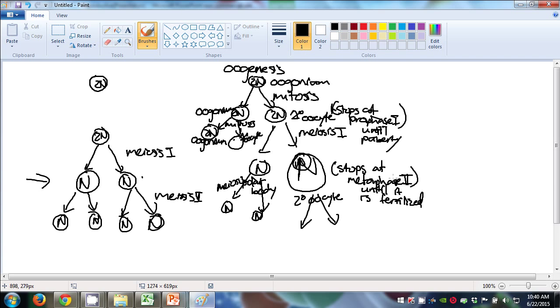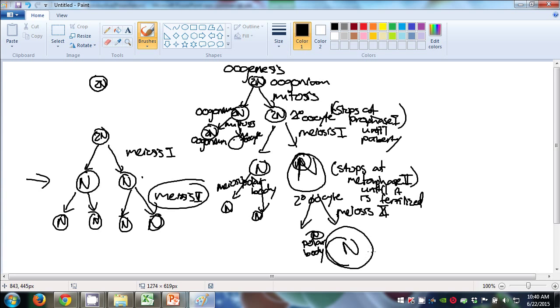Okay, so this secondary oocyte will now undergo meiosis 2, forming a very large cell and a very small cell. The small cell is called another polar body, the secondary polar body.